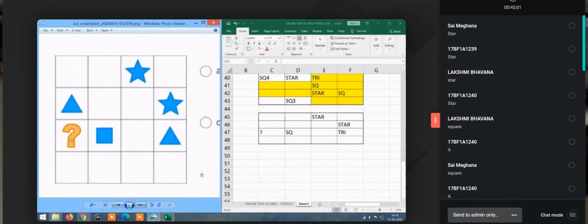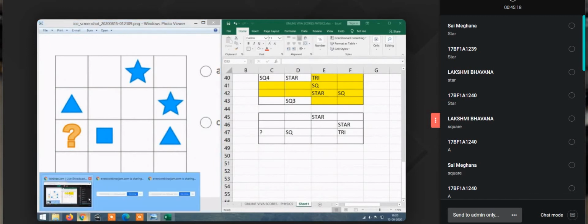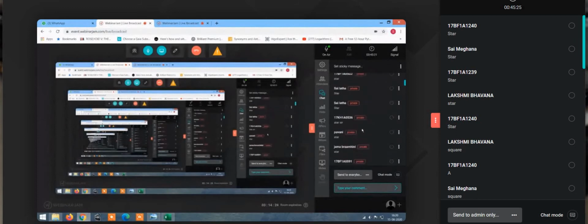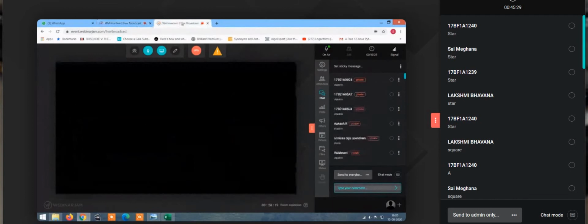So the fourth symbol is a circle, guys. Let me see if any of you have answered it. Is it the answer for the previous question or this question? How come everybody says it is star? Oh, maybe I am wrong.